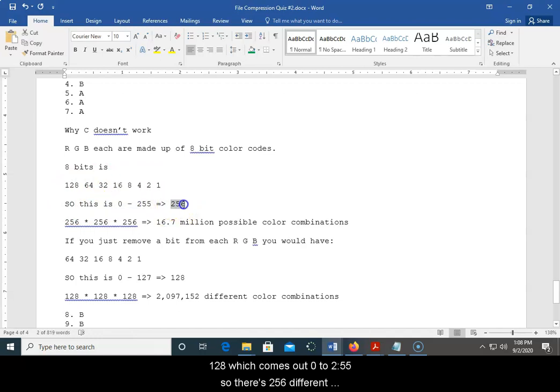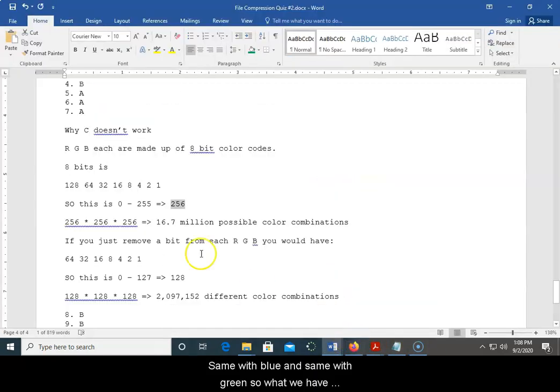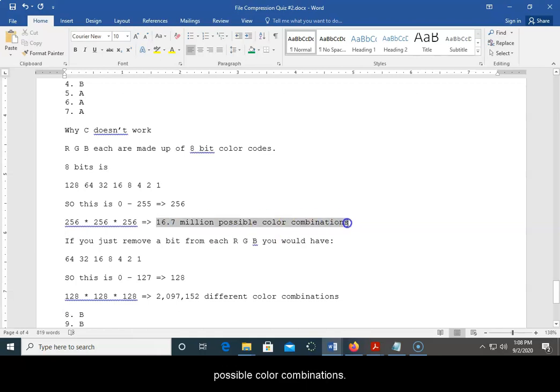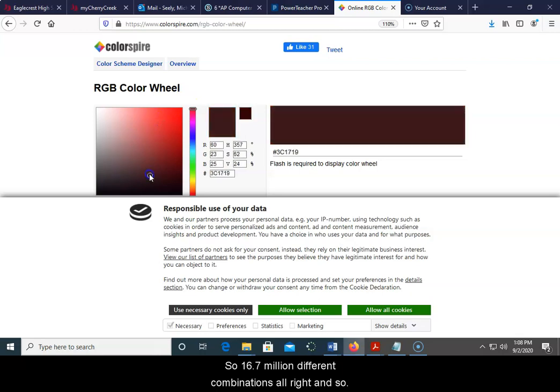So there's 256 different shades of red in your RGB color wheel, okay? Same with blue and same with green. So if we were to take 256 times 256 times 256, we get 16.7 million possible color combinations here. So 16.7 million different combinations, all right?